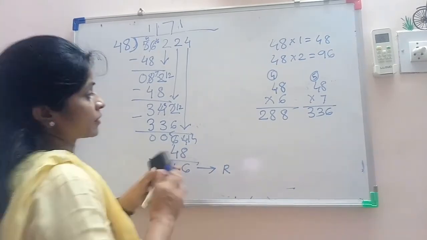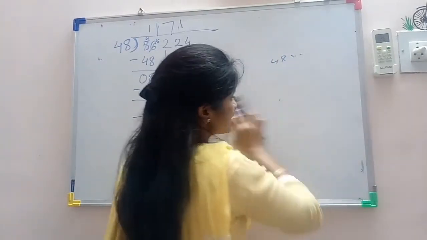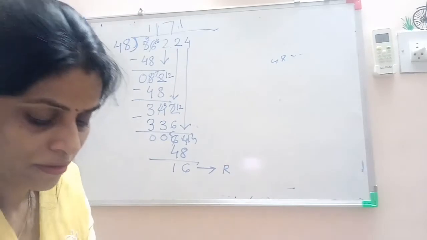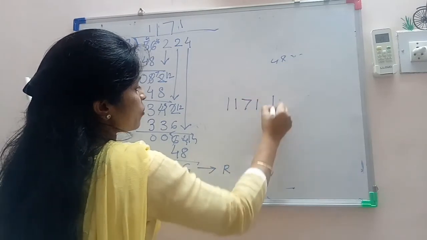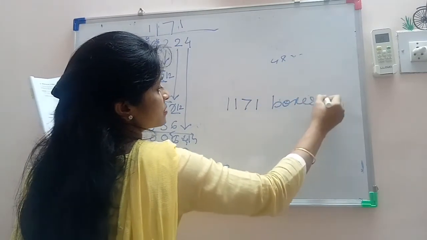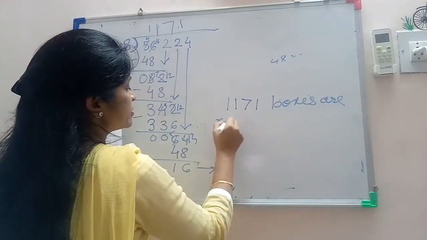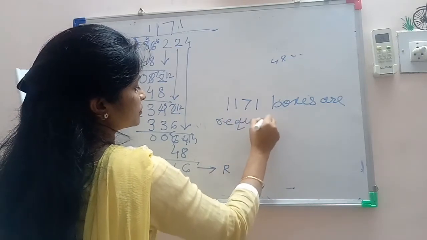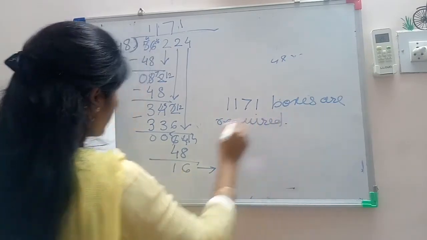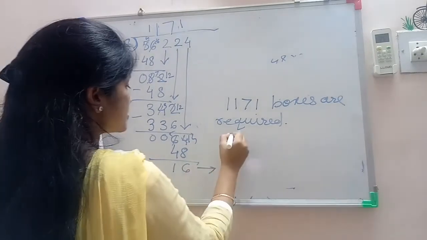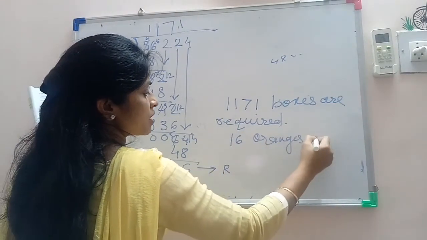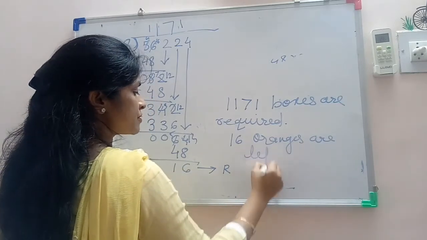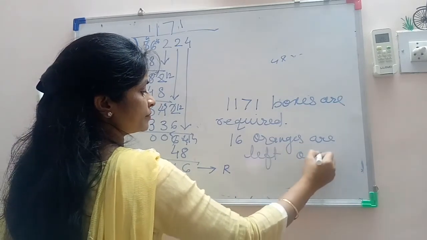Now write the final statement, that 1171 boxes are required, and second one, 16 oranges are left over.